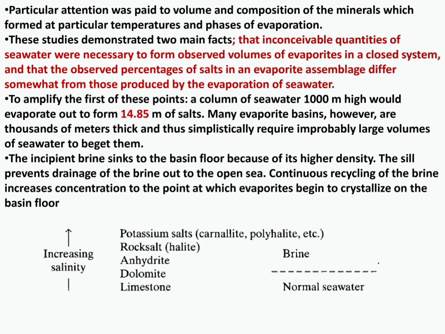So the salinity increases from limestone to potassium salts, which are carnallite, polyhalite, etc. These evaporites also describe the condition in which they formed. If you find potassium salt, you can tell that it formed in a brine environment.